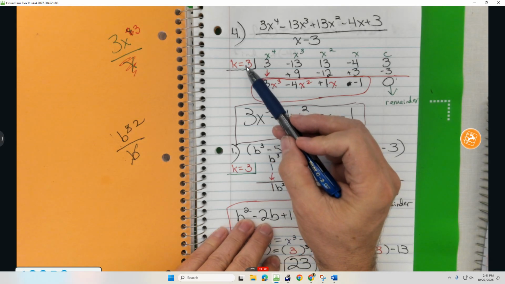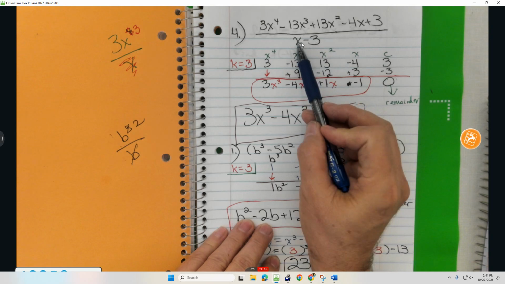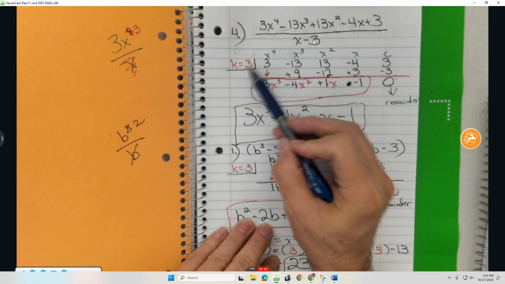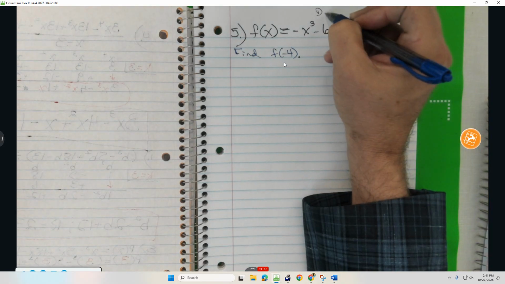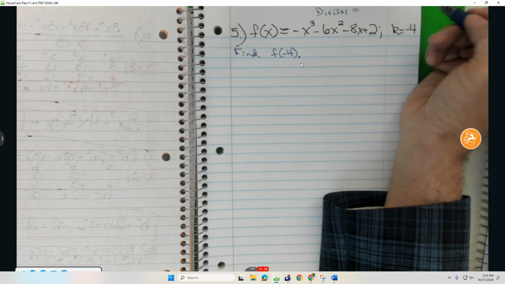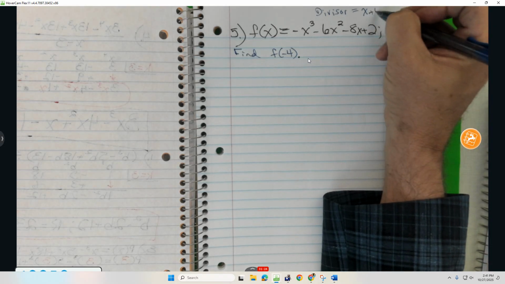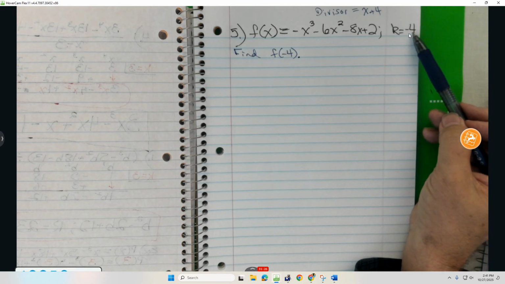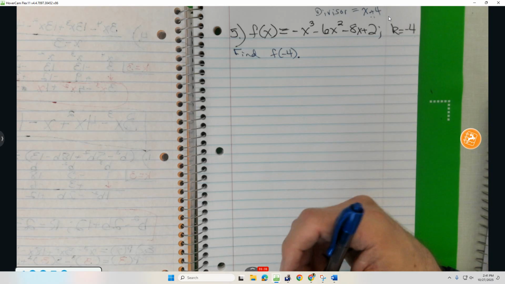When you're going backwards, when they give you the k-value, notice the divisor is the variable and exactly the opposite of what you see. So if we had needed to know the divisor, and in this problem we don't, but in a moment we will, it would be x plus 4. The k-value is exactly the opposite of the constant in your divisor.